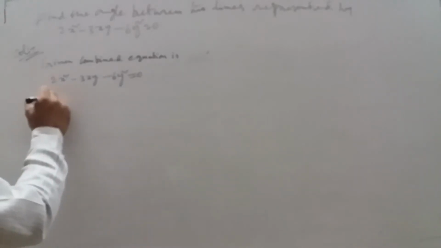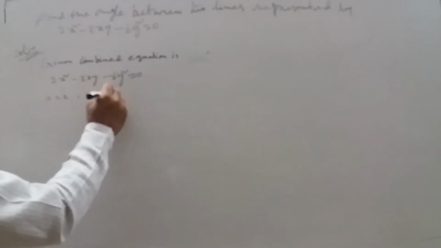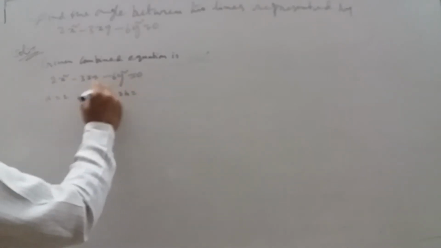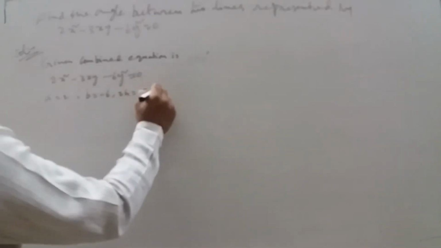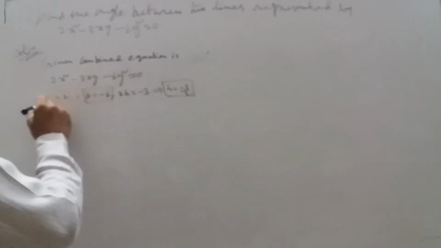By comparing with ax square plus 2hxy plus by square is equal to 0, here a is equal to 2, b is equal to minus 6, and 2h is equal to minus 3. That implies h is equal to minus 3 by 2. By using these three values, we can find.